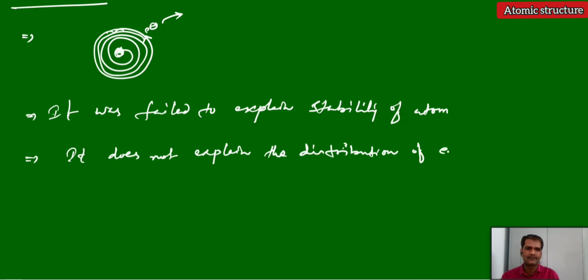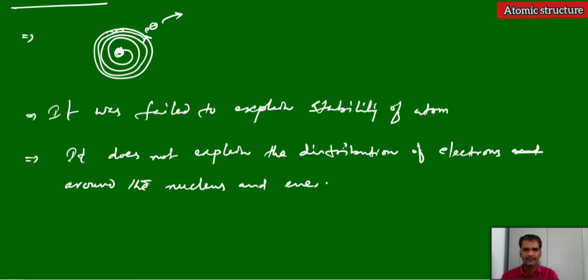How electrons were distributed in particular orbits around the nucleus, that we couldn't explain. And also energies of electrons. These are the main drawbacks of Rutherford: stability and distribution of electrons and energies of electrons.